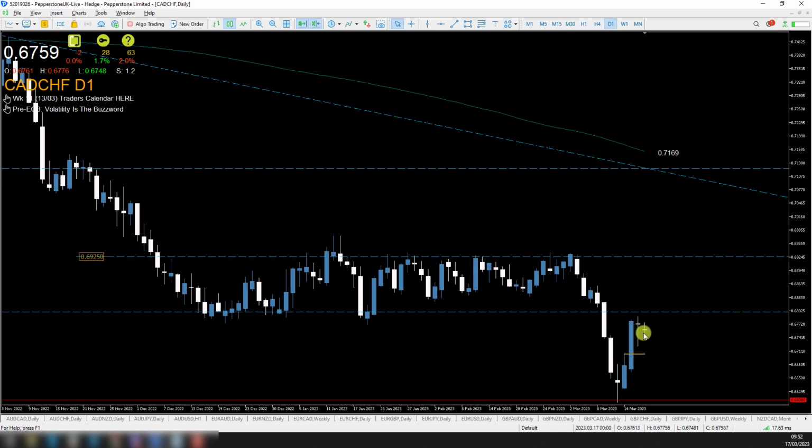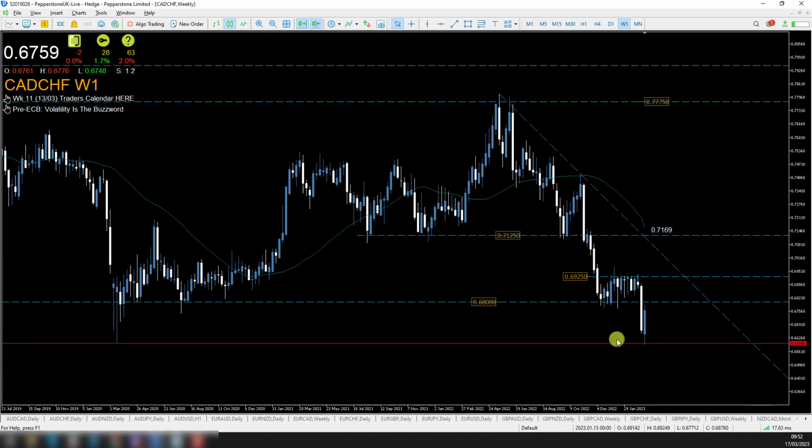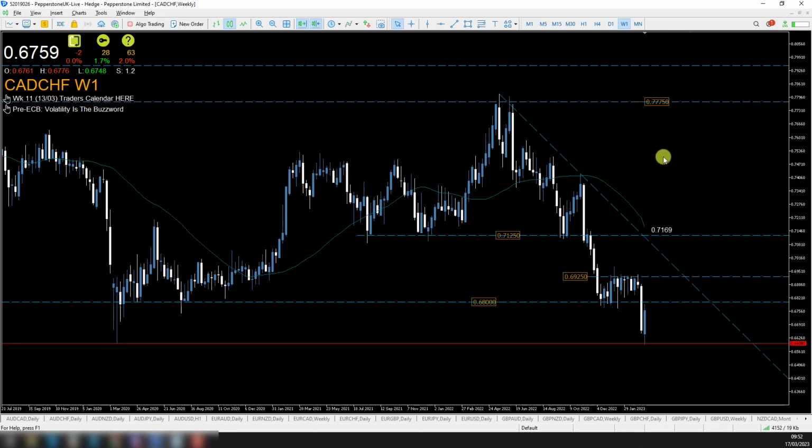So I'm going to wait. I'm going to see if price maybe comes back, gives us that higher low, or maybe even a double bottom from a daily perspective, and then I'll come back to it to see if we get that monster trade that we're eyeing up at the moment, which would be a move from this 0.66 up to the 0.7775.